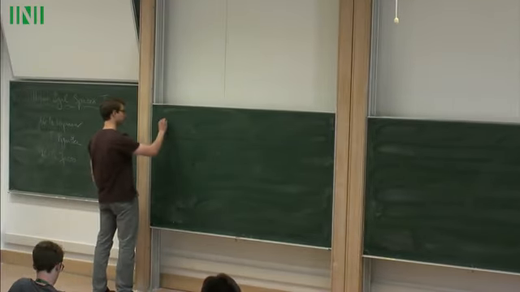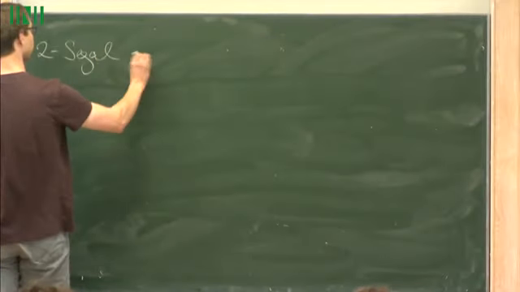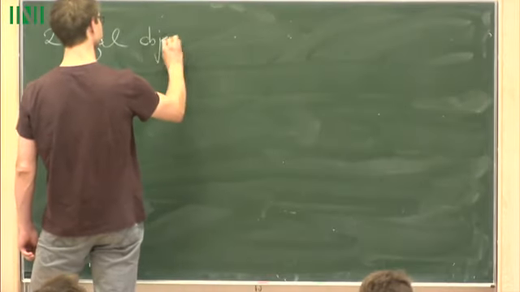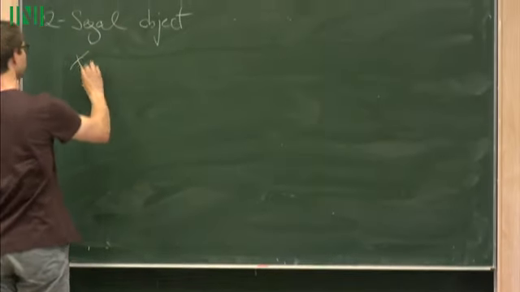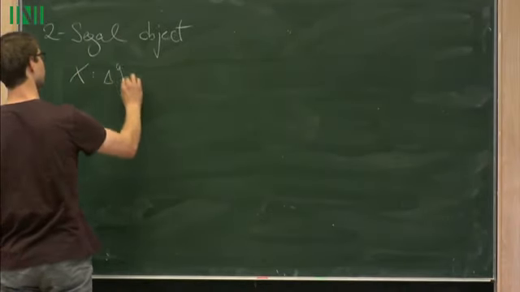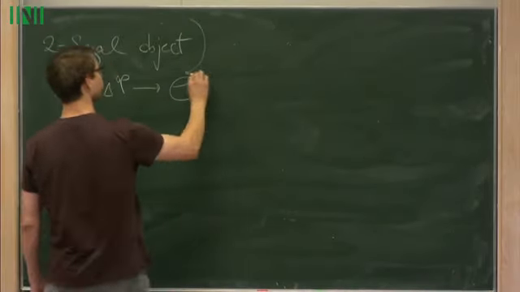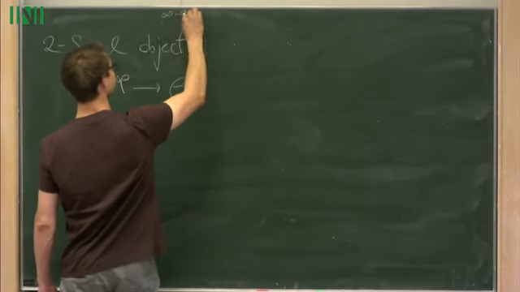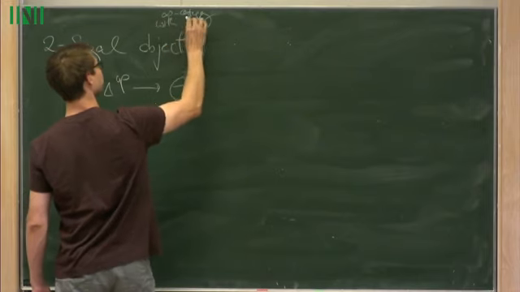So more generally, I'd like to now just begin with a 2-Segal object. This would be a simplicial object which takes values in some infinity category C. For this whole talk, this will always be an infinity category which is supposed to have finite limits, let's say.